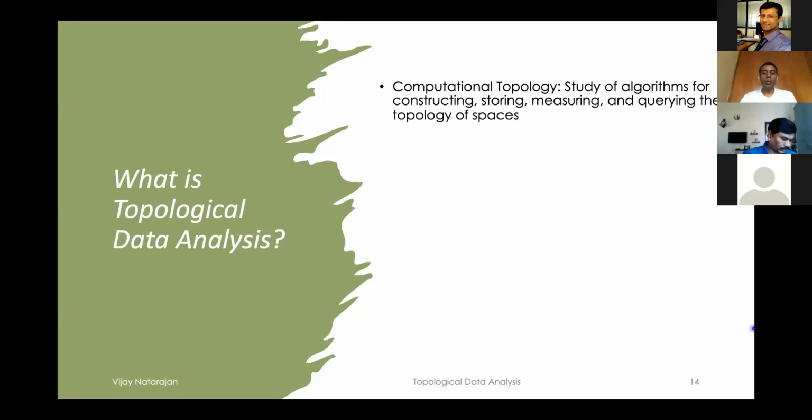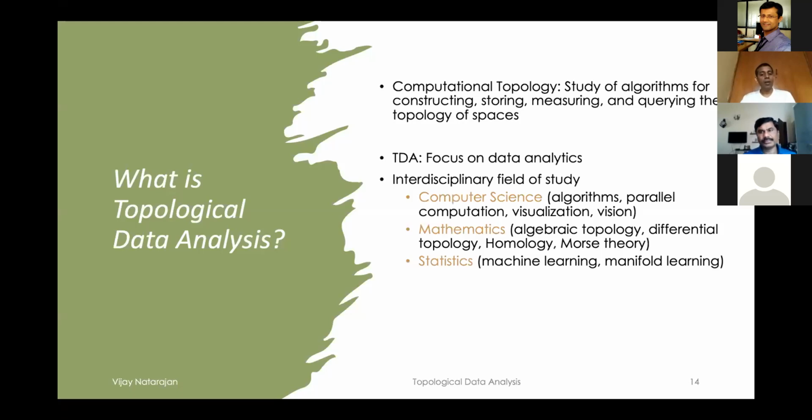Topological data analysis is essentially the study of algorithms in order to construct the topology of space, to store them, to measure, and to query and compare these topologies, specifically with the aim of data analytics. That is what TDA really stands for. This is a highly interdisciplinary field, even younger than visualization, only about 10 years young.